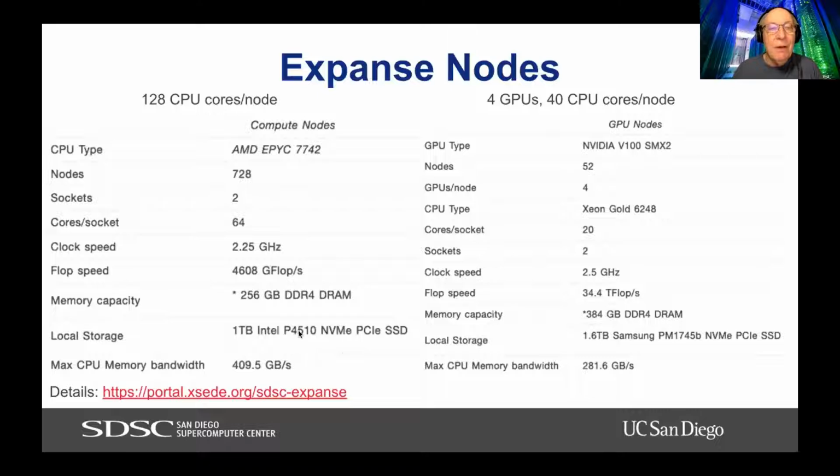So a lot of your work, if you have intermediate files, you want to do on this local flash drive on a compute node, and I will get into more details on that. Then Expanse also has 52 GPU nodes, and each GPU node has 4 GPUs and 40 CPU cores. And again, it has a local flash drive attached to it as well. So we will be using those two types of nodes for running Jupyter Notebooks.